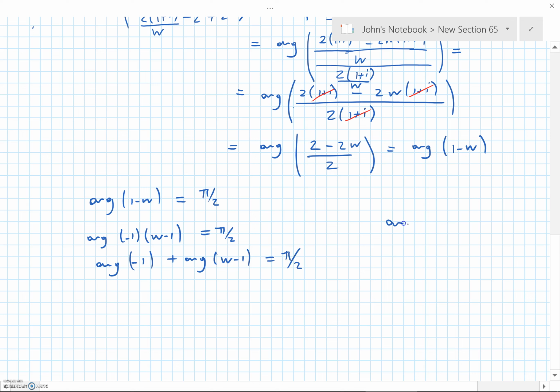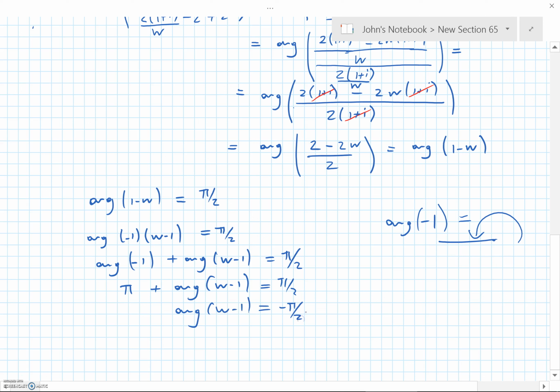Now the argument of minus 1, that's just there, isn't it? That's equal to pi. So we can say pi plus the argument of w minus 1 equals pi by 2. So that's the argument of w minus 1 equals minus pi by 2.